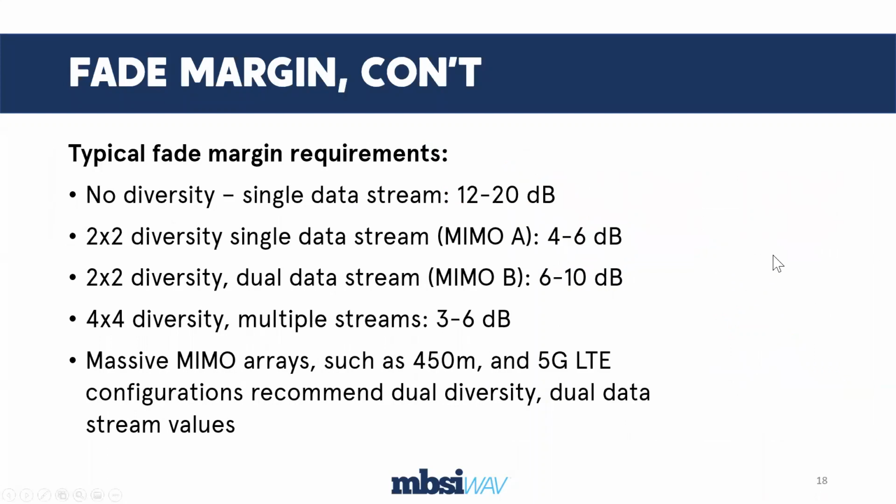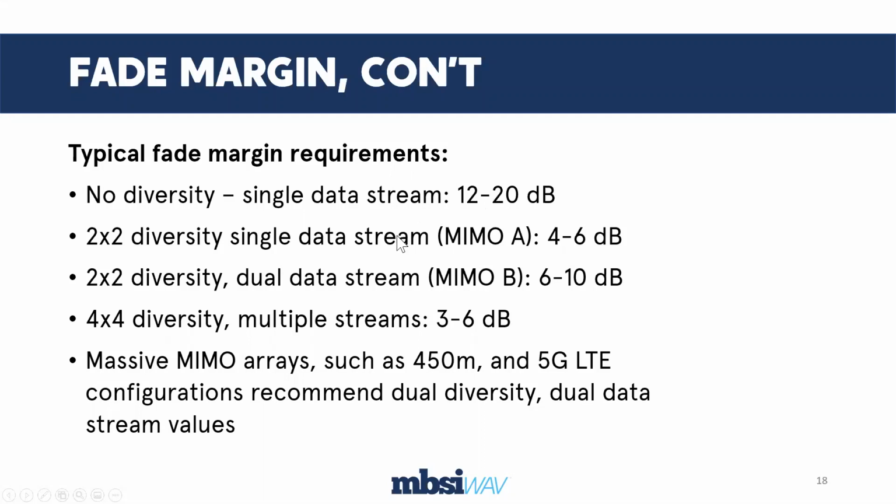I have some recommendations as to the amount I should add. Typically, in the broadband networks that we deploy now, if I had no diversity, in other words a single data stream, I should add about 12 to 20 dB of level, or reduce the range by 12 to 20 dB, in order to increase my minimum signal level for the data that I want to supply.